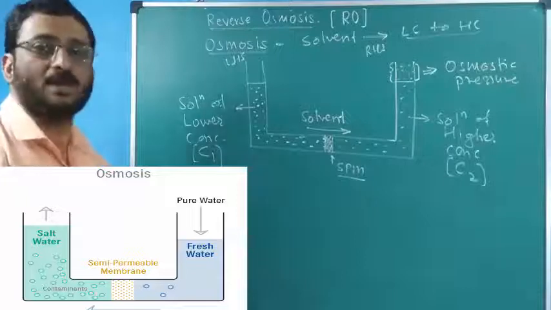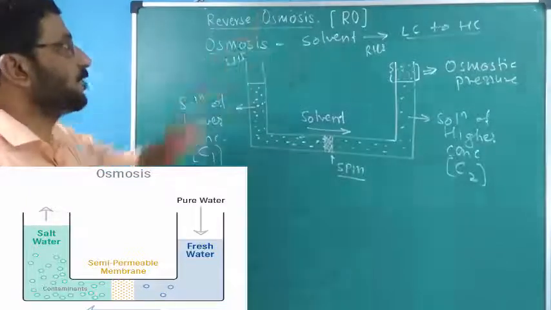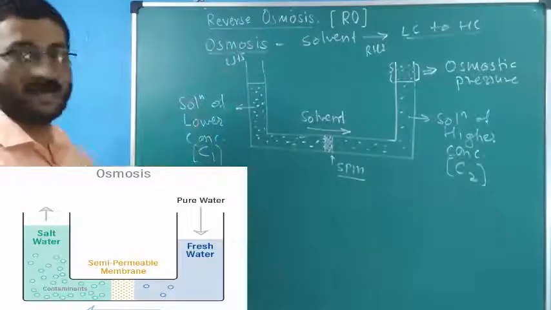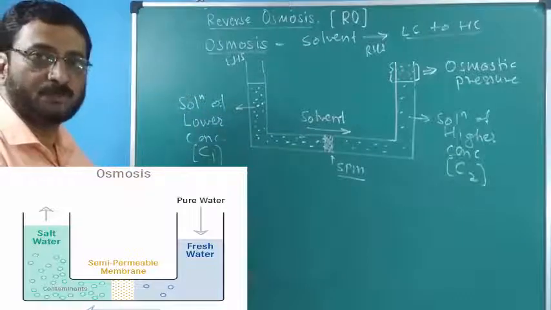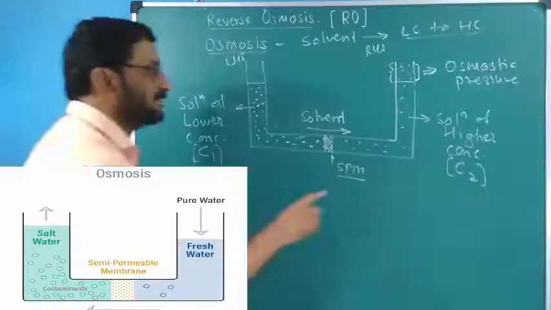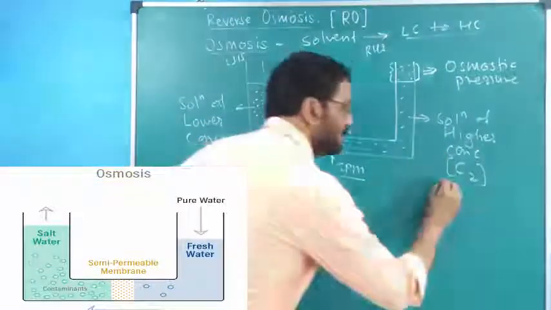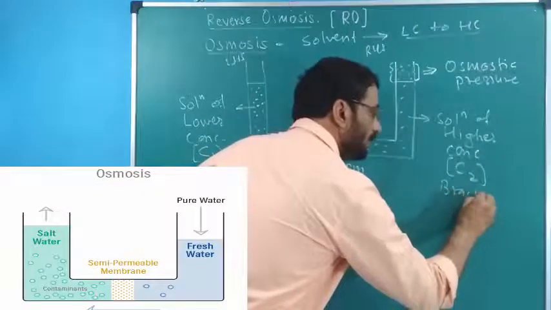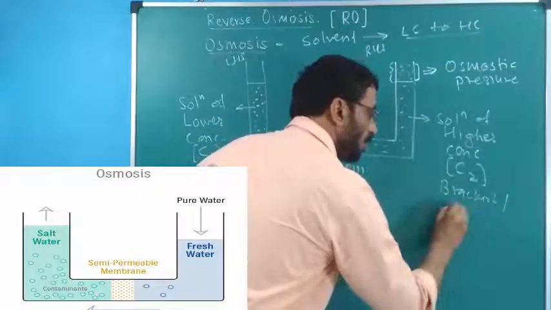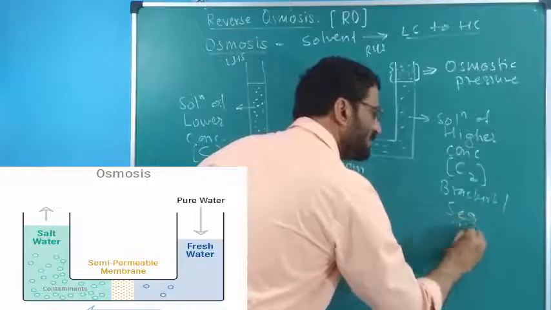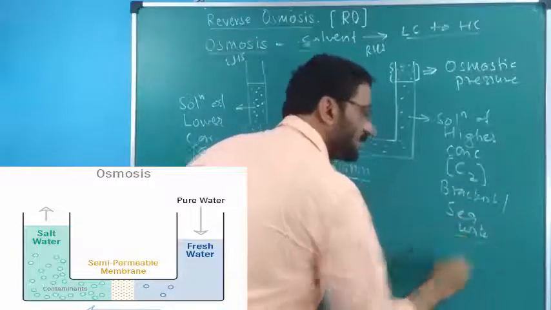Exactly the opposite phenomenon we use in softening water in the RO technique, in the reverse osmosis process. This is higher concentrated water, means brackish water, or raw water, or even sea water which has a higher concentration.